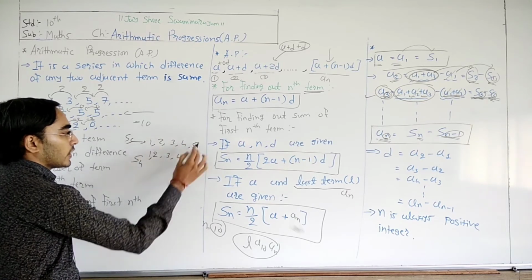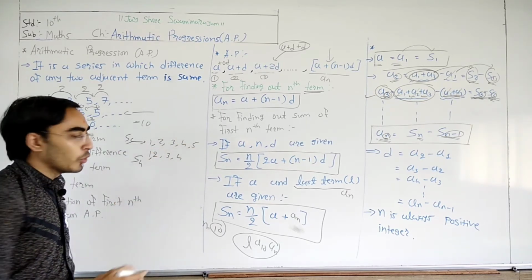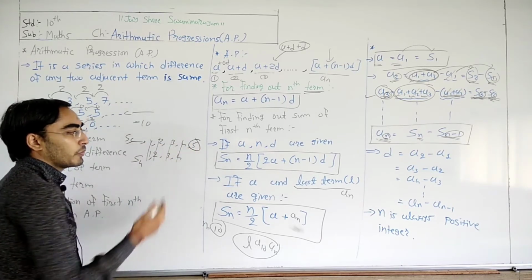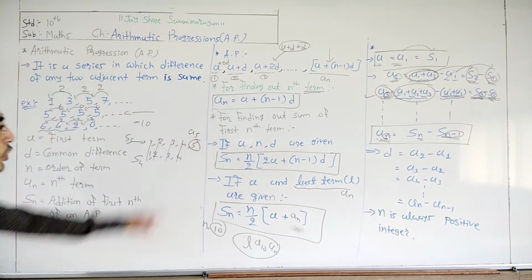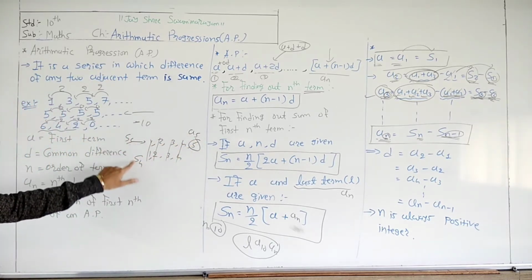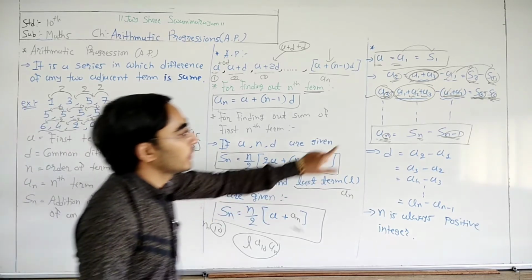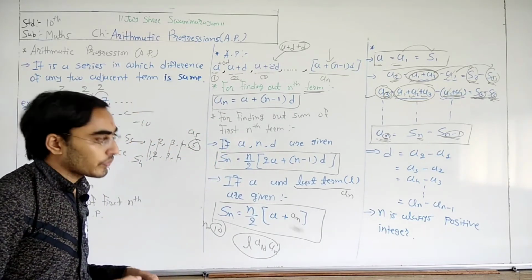Now if you subtract S5 minus S4, these 4 terms are cut. So what is remaining? Your fifth term, A5. Right? So A5 is equal to S5 minus S4. It means An is equal to Sn minus Sn minus 1.